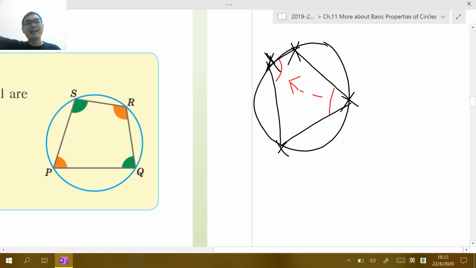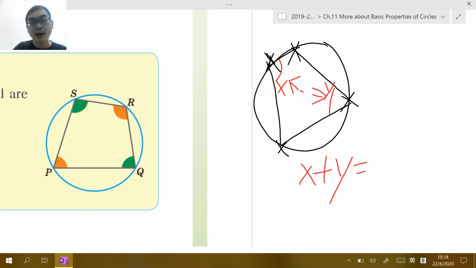Not the next angle to the left or right, but the next and next, which is opposite. These two angles may not be on the same side. For example, I can say one is x and the other is y. Do remember, x and y may not be equal. In general, they should not be equal also. But we can always say x and y added together is 180.